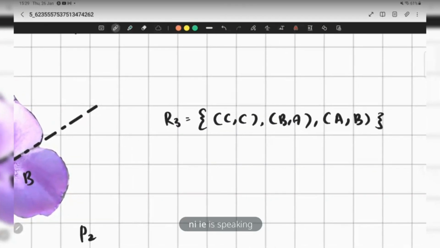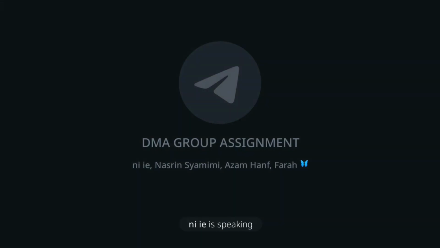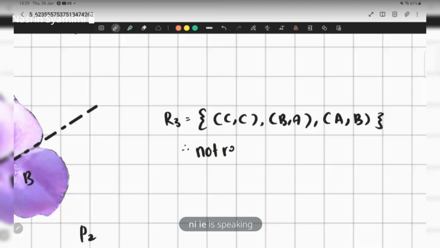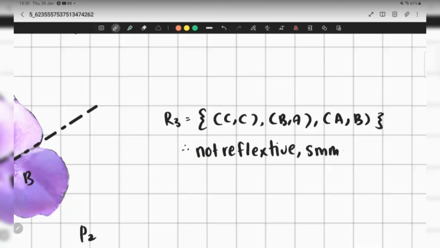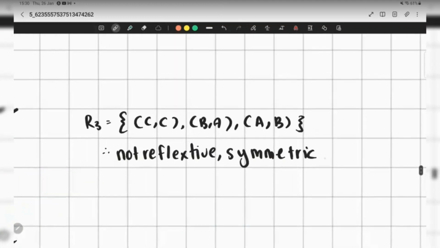The relation for this part is not reflexive, symmetric, and not transitive.